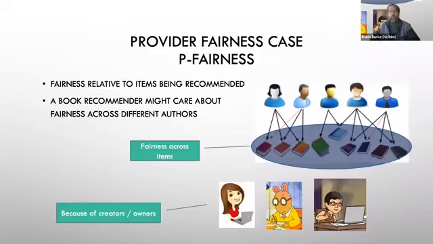But there might also be provider fairness, where we care about fairness relative to the items being recommended. And the reason why we care about that is because there are individuals standing behind those items. In the case of books, authors, for example, we might want to make sure that male and female authors are treated equitably in terms of how their books are recommended, and that can eventually lead to sales or reputational benefits that we don't want them to be unequally shared across individuals.